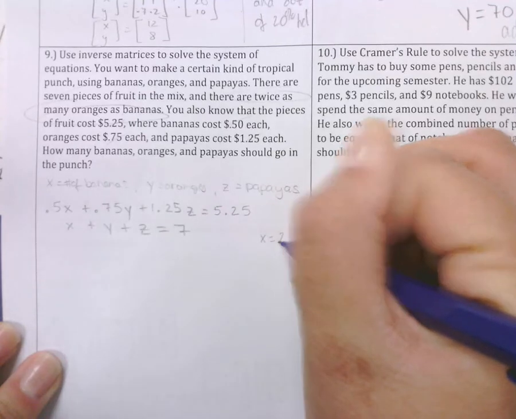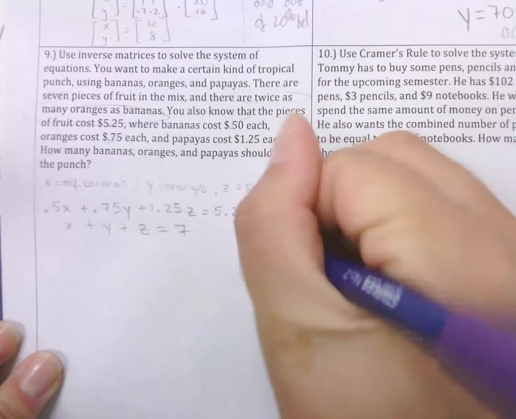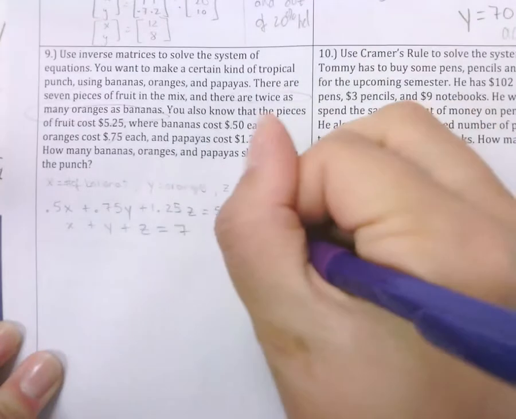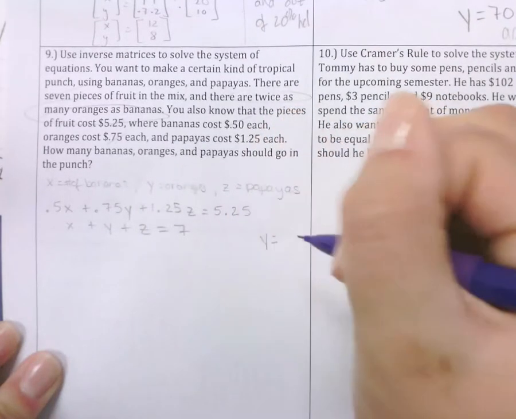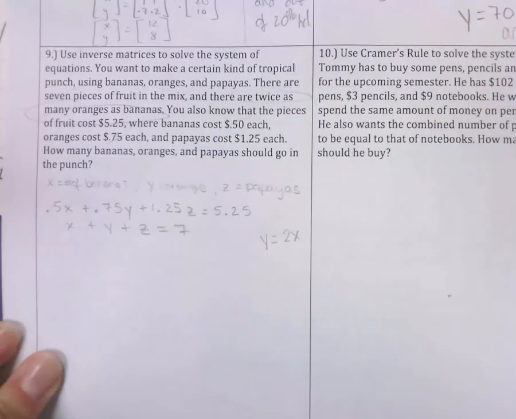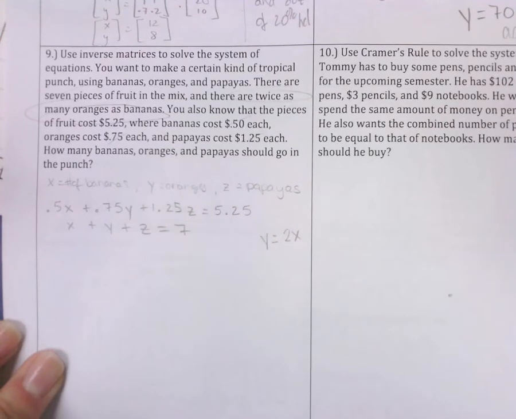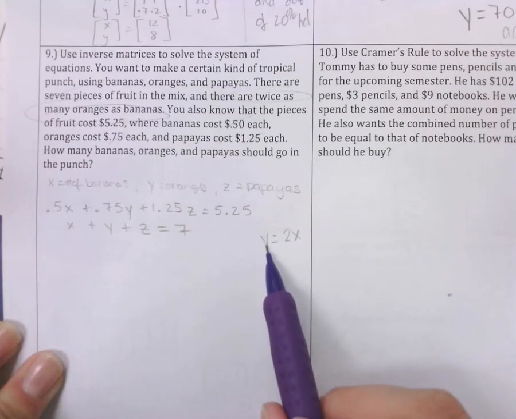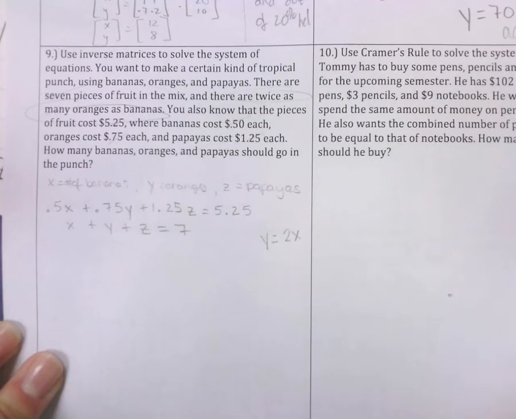Wait, twice as many oranges as bananas, so it's y equals 2x. You want to double the smaller amount to get the bigger amount. So if y is oranges, we want more oranges.